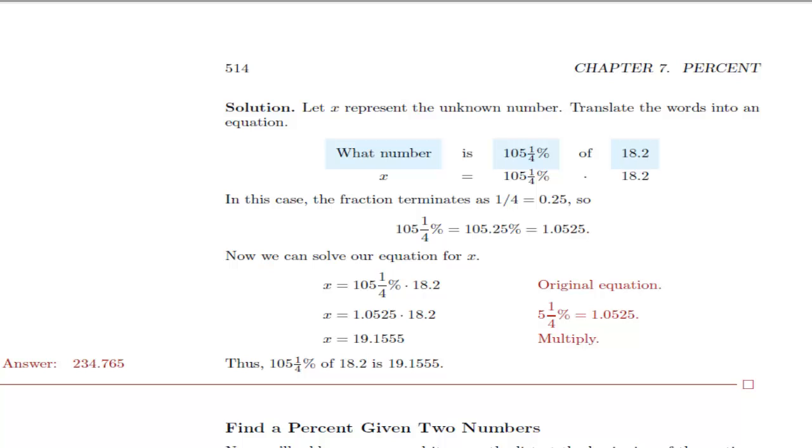Now we can solve our equation for x. So the equation becomes x equals 1.0525 times 18.2. Multiplying 1.0525 and 18.2, we get 19.1555. Thus 105 1/4% of 18.2 is 19.1555.